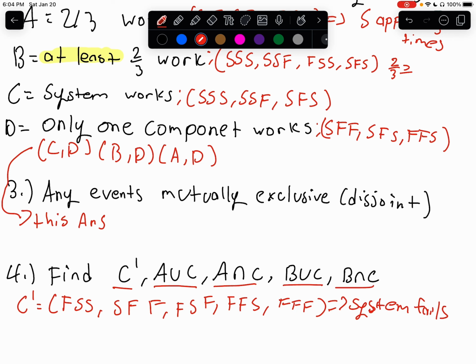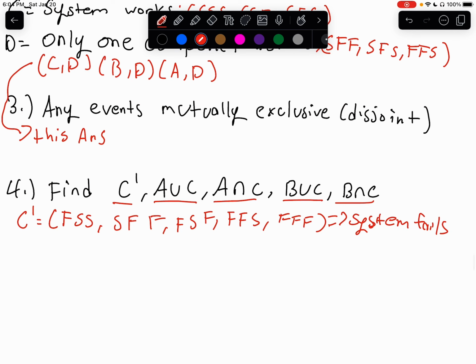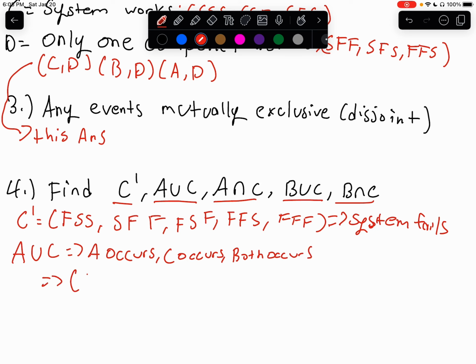Okay, next one, A union C, which means A occurs, C also occurs, or both occur in our sample. So we note this by fail, succeed, succeed; succeed, succeed, fail; succeed, fail, succeed; and then succeed, succeed, succeed.